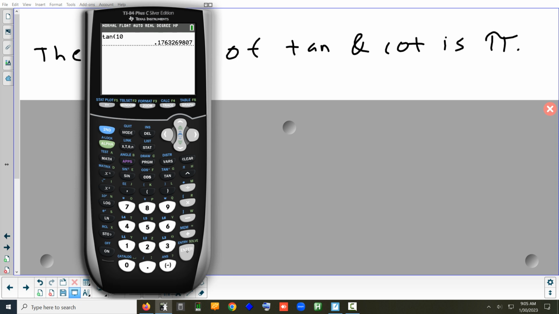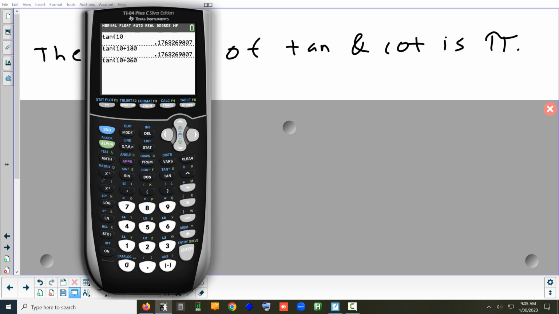What's the length of the cycle in degrees for tangent? Yeah, 180. So that means if I take 10 and I add exactly one cycle to it, it gives me back exactly the same answer because I'm at the same spot one cycle later. If I took tangent of 10 and I added 2 cycles, what do you think I would get when I hit enter?